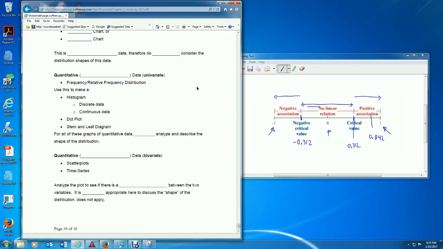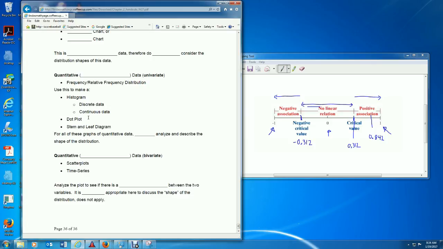And first, the univariate data, where there's just one variable for each observation. And again, we started by looking at frequency distributions, relative frequency distributions. We used that to make a histogram. We looked at two different cases, the discrete data and the continuous data.